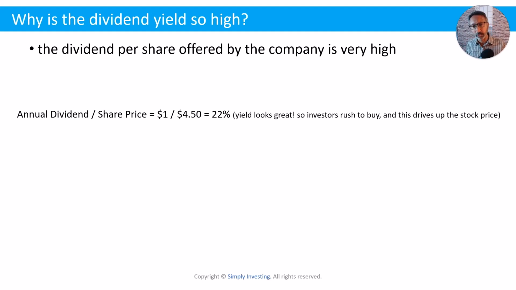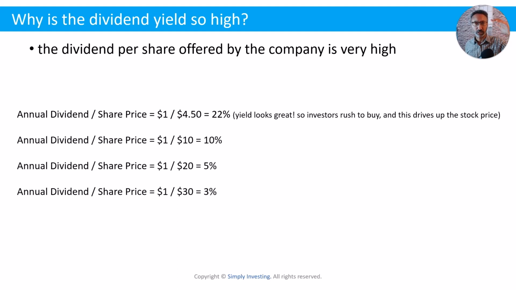They're going to see the yield, they're going to look at all the other numbers, and they're going to realize, well, this is a great investment. I can make a 22% return on this investment. So as investors rush in to buy shares in this company, the demand for the shares goes up. And as demand for the shares goes up, the share price is going to go up.